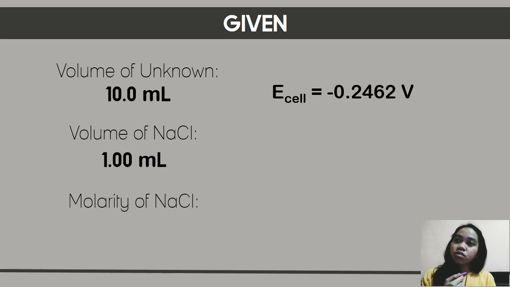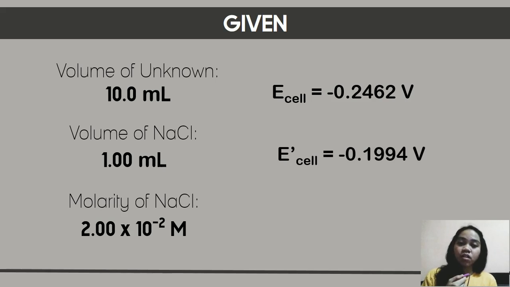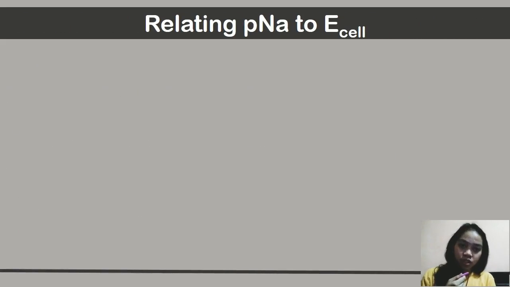So the volume that was used was 1 milliliter of NaCl with a molarity of 2 times 10 to the negative 2 molar. Now, the potential was changed to negative 0.1994 volts. So these data are very important in solving this problem.